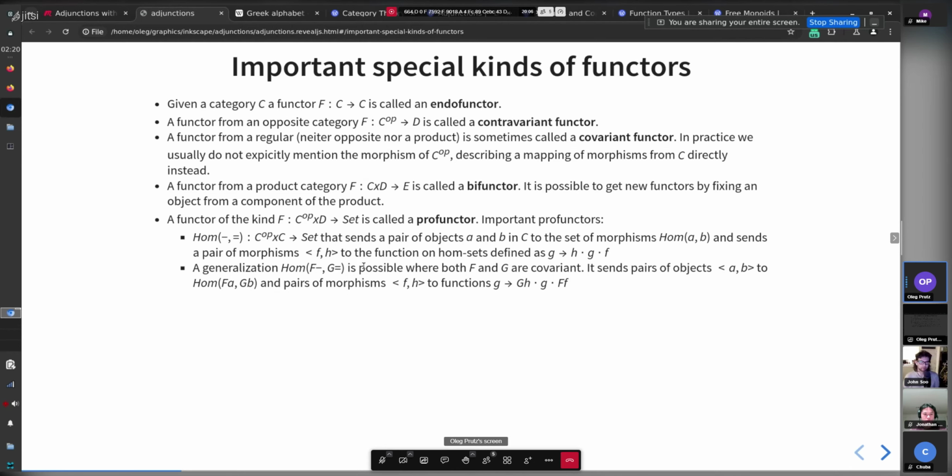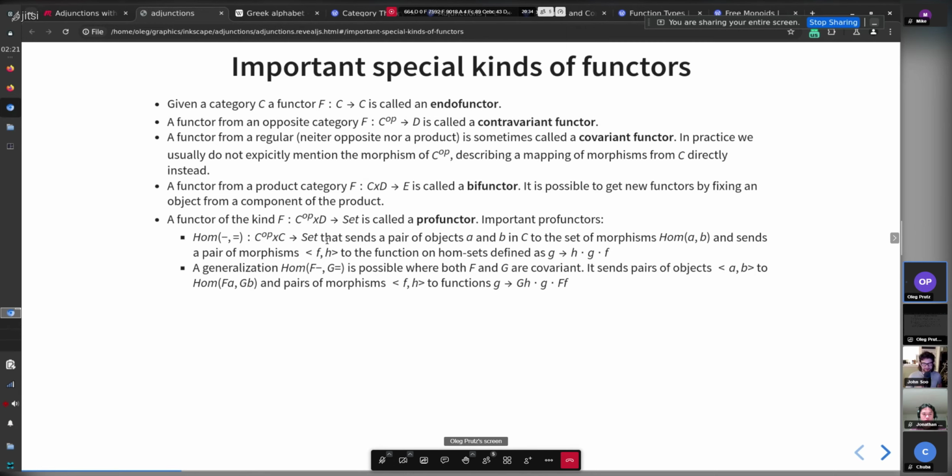So a morphism in here is a pair of morphisms, right? It needs to send this morphism to a morphism in Set. Yeah, I should have introduced the Set category, right? The category of sets.